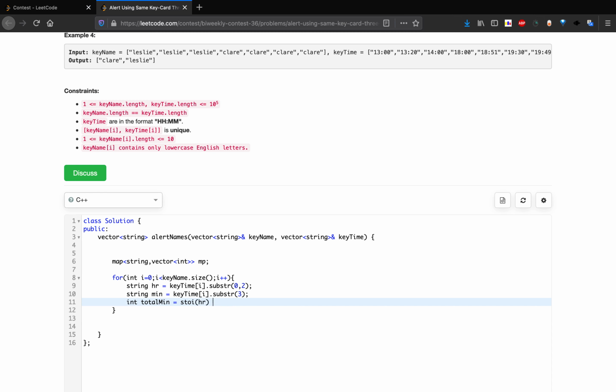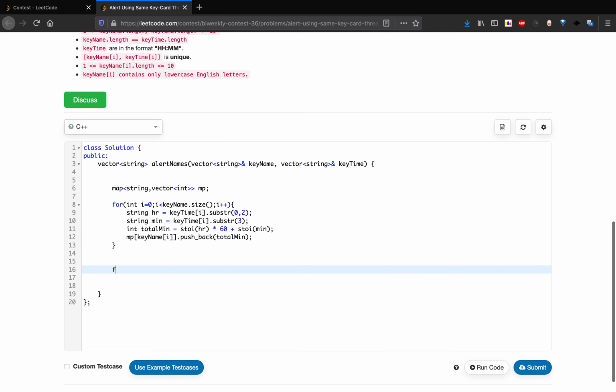So we convert our hour into minutes, and we just add our minute hand. Now we push it in our map: key name I dot push back total minute.